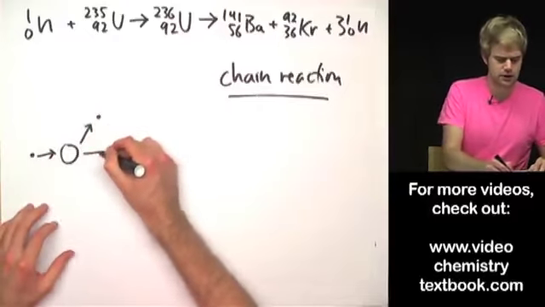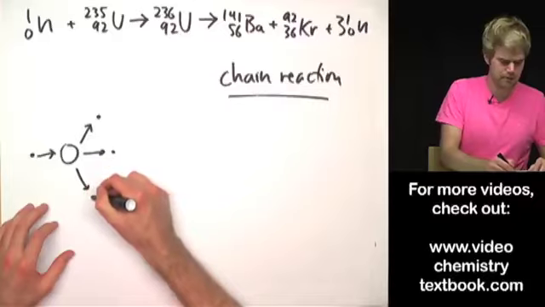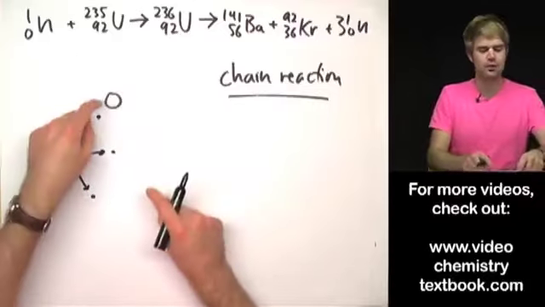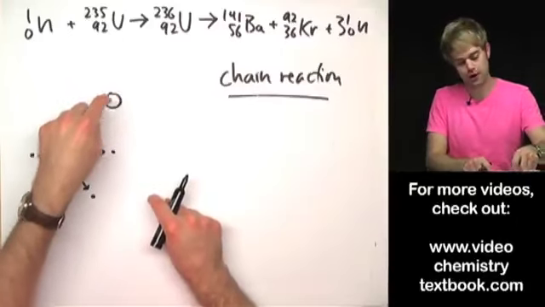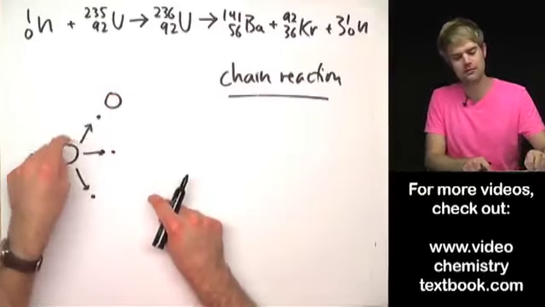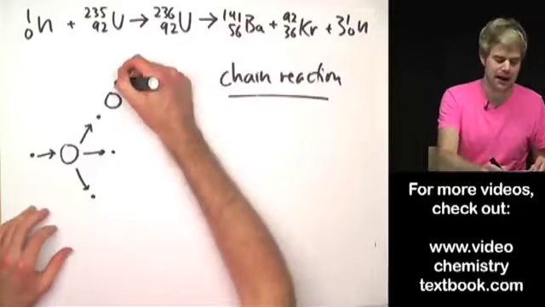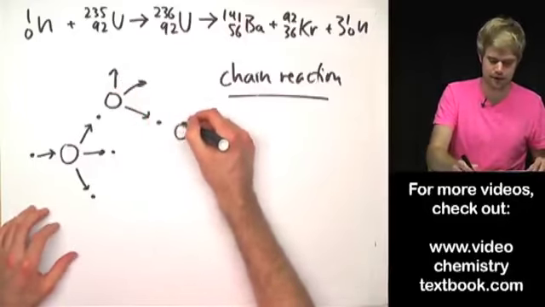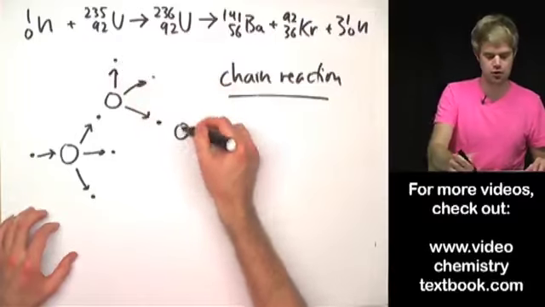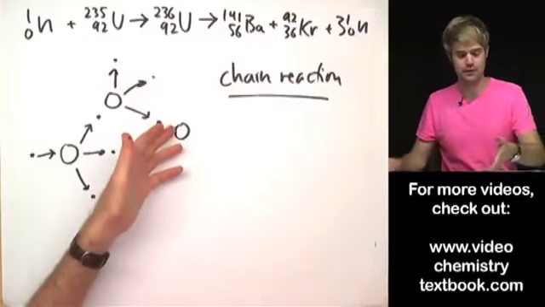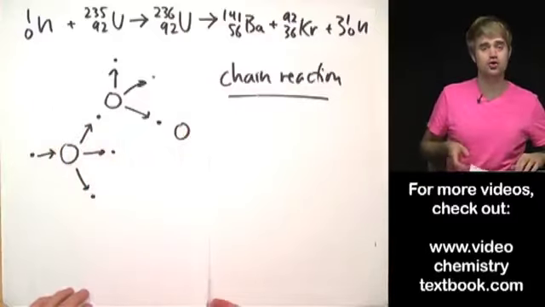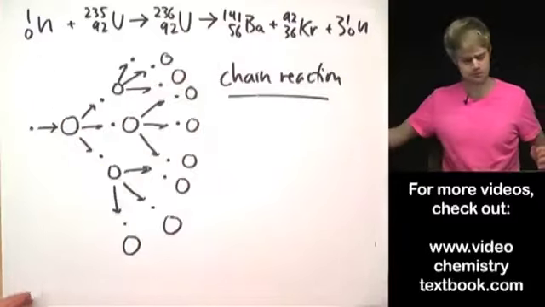It's releasing 3 neutrons, but if there's not a lot of uranium in here, maybe there'll only be 1 uranium atom for this neutron to hit, okay? And then this guy will release 3 neutrons, and only one of these 3 neutrons will hit another uranium atom. So that's one way that you can keep this reaction under control so that it doesn't get out of hand.